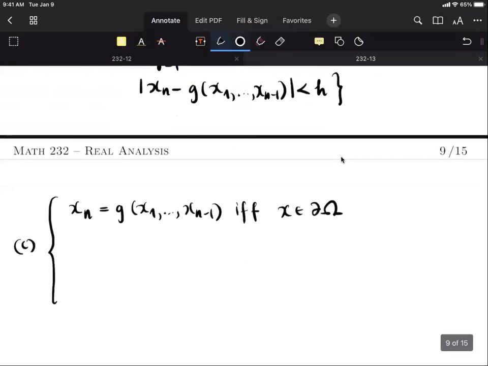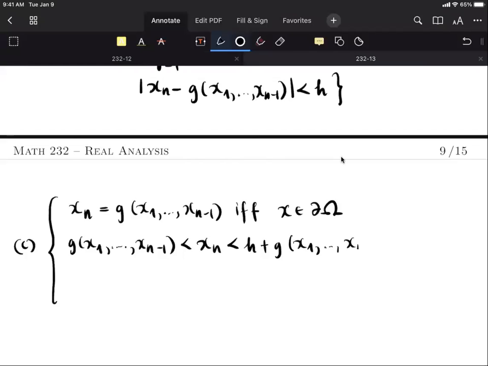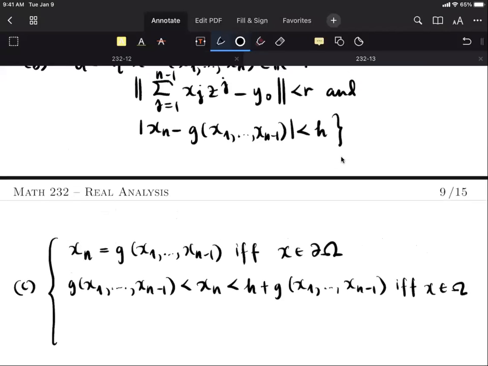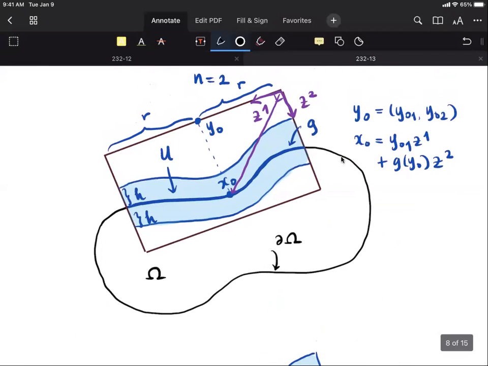The second case is that if xn is less than, let's say, h plus the image under g of the first n minus 1 components, this is true if and only if x is in omega. So here the nth coordinate is above the graph, and below g plus h.